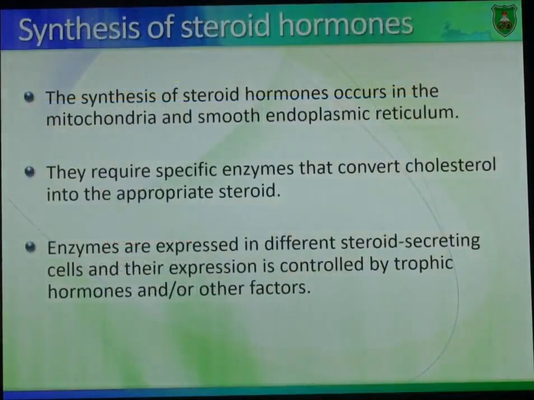Now, we'll talk about steroid hormones in the next lecture, but they're all synthesized from cholesterol in the mitochondria and smooth endoplasmic reticulum. They require different enzymes, and these enzymes are really important in sequentially producing these steroid hormones. These enzymes are expressed in different cells, and they're controlled by different hormones as well.